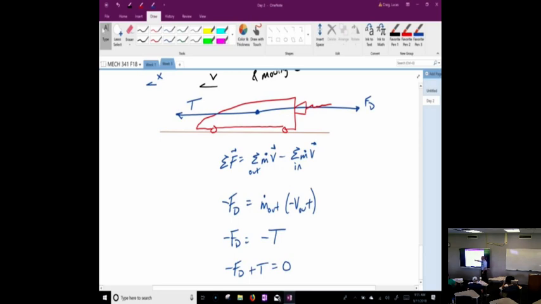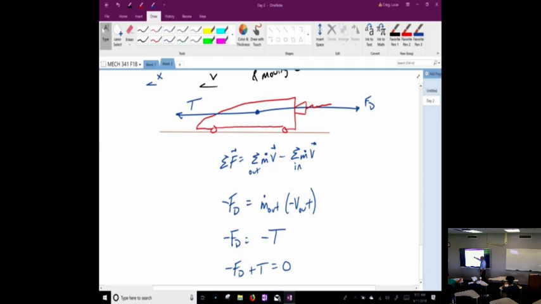There's nothing coming in. Because it's moving that way, you identify that as positive. That's why you have negative V out of this fluid. So here you have negative drag equals m dot out times negative V out. That in turn is really a thrust, and it's negative. When you bring it over to the side, it becomes positive.